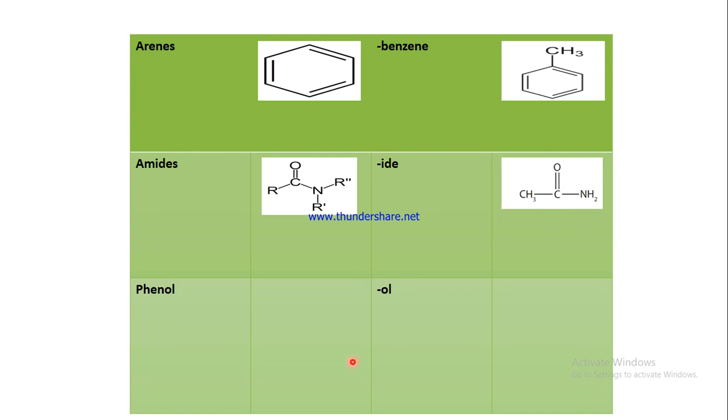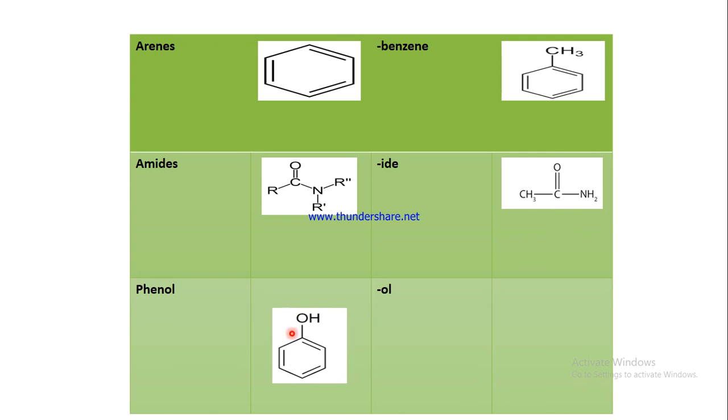And then this brings us to our other homologous series of phenols. This is quite interesting, where we've got our benzene ring now bonded to our OH, which is the functional group for alcohols, to form a phenol.